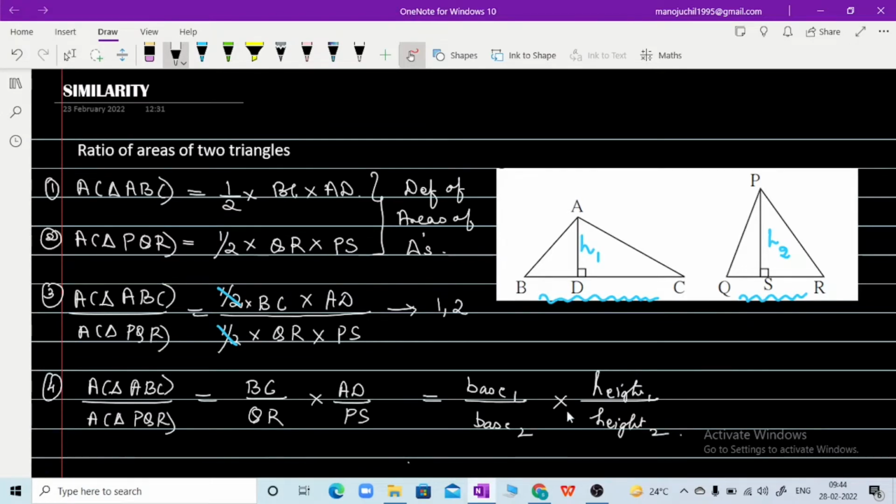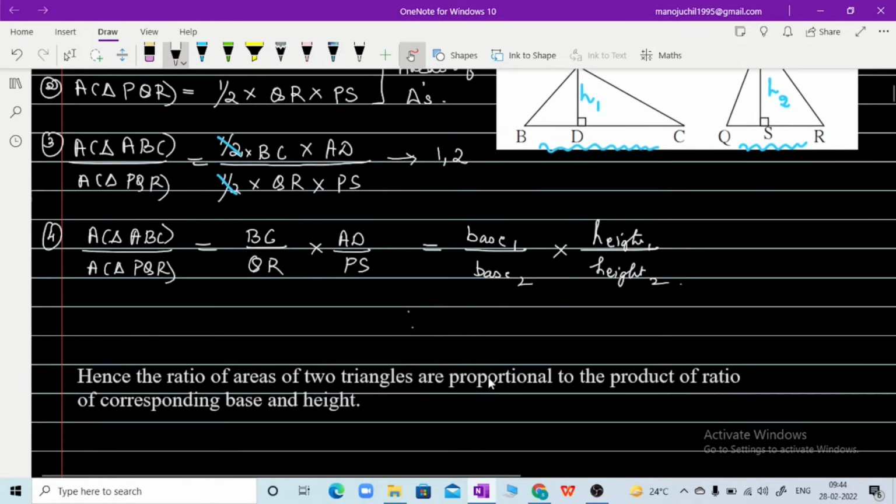So in the form of a statement we can write it as: the ratio of areas of two triangles is proportional to the product of the ratio of corresponding base and height.